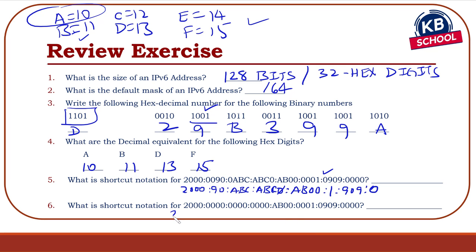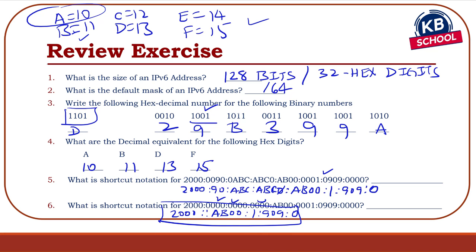For this one, 2000 colon colon, because I have 3 contiguous blocks of zeros, then AB00 colon 1 colon 909 colon 0. So that would be your equivalent for this particular address.